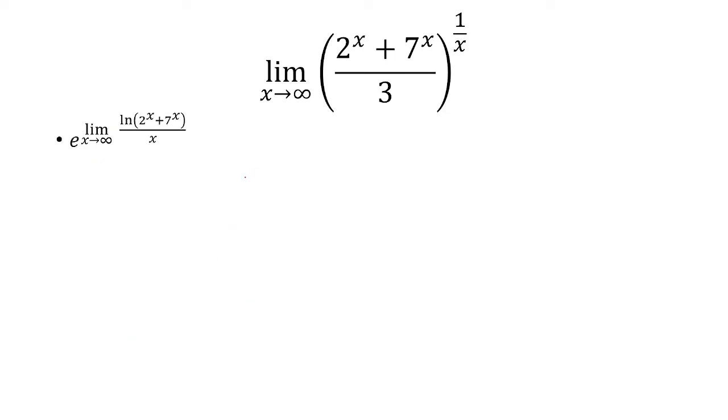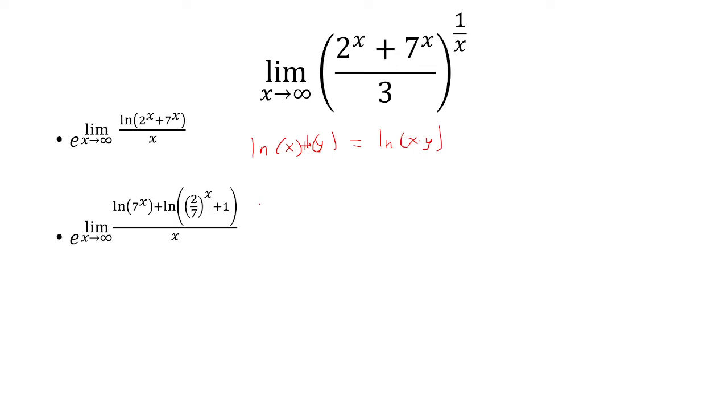So this next step is a little tricky. First, we're going to need the fact that ln of x plus ln of y is equal to ln of x times y. And what I have here is ln of 7 to the x plus ln of 2 over 7 to the x plus 1.